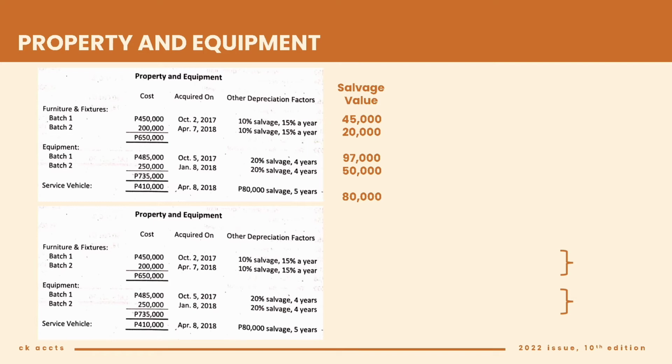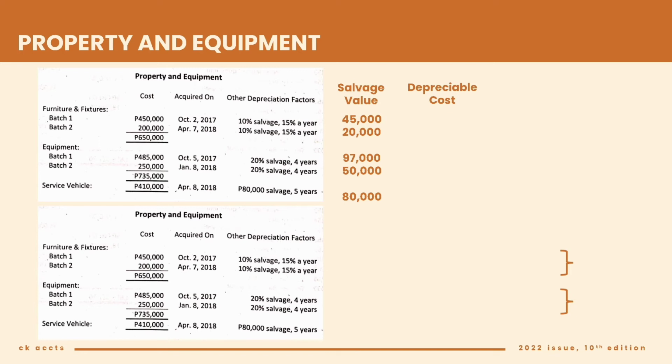Okay? And for equipment naman, we have 20% na salvage value. So, we have to multiply 20% by 485,000 and 250,000 for us to get this salvage value of 97,000 and 50,000. And for service vehicle, we have to record lang yung 80,000 kasi binigay na naman dito na salvage value for service vehicle. So that's our column for salvage value.